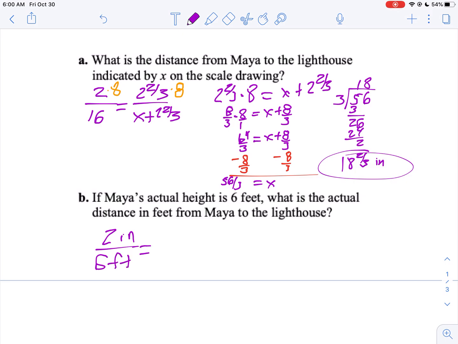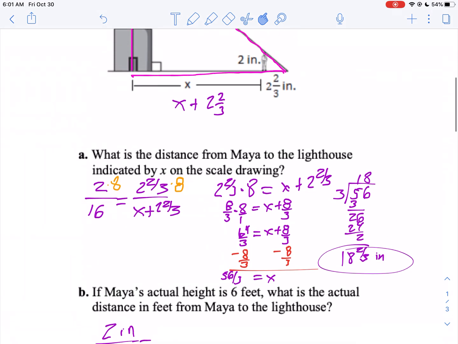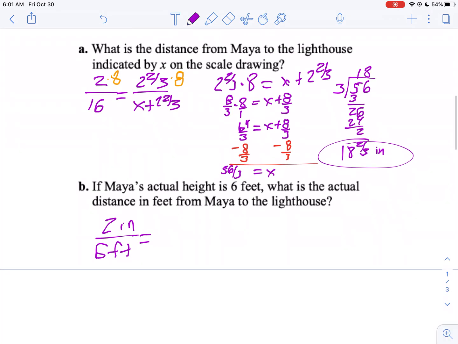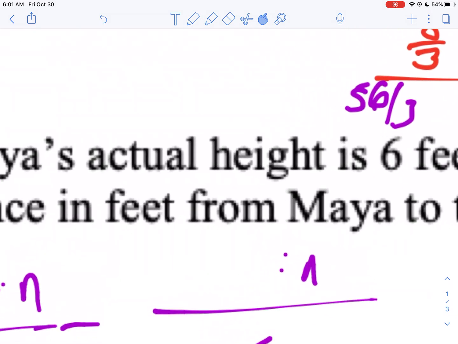We know on the scale drawing, the distance from the lighthouse to Maya is 56/3 inches. I'll write that as a fraction, over the actual distance, which we'll call x.